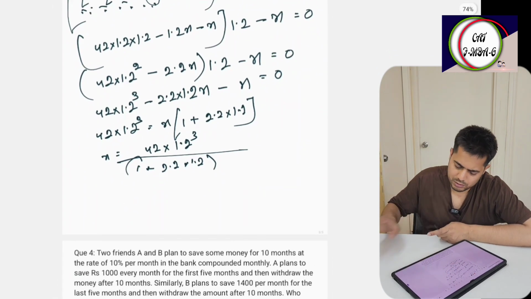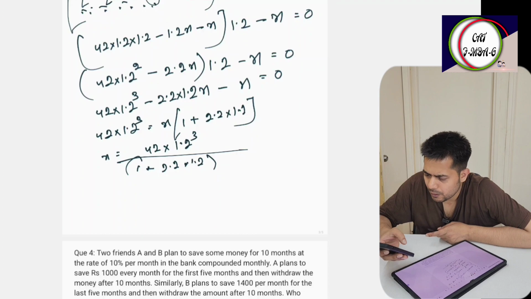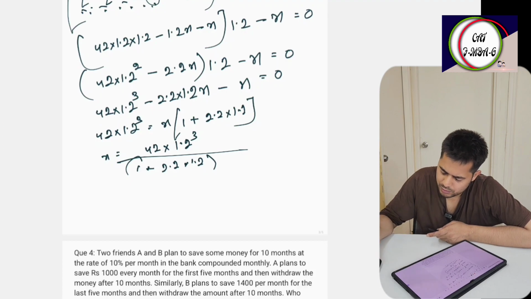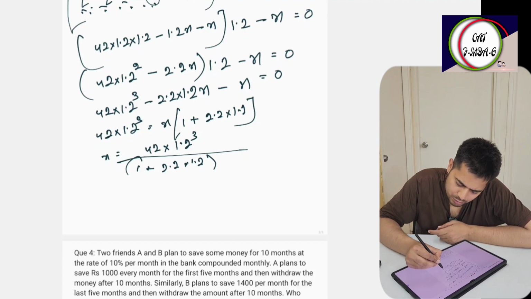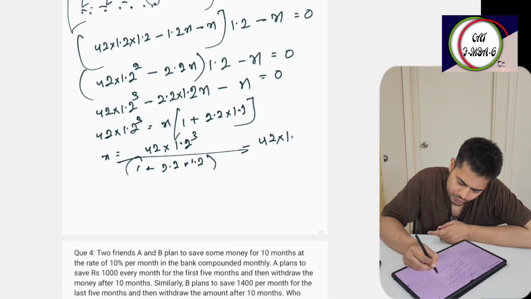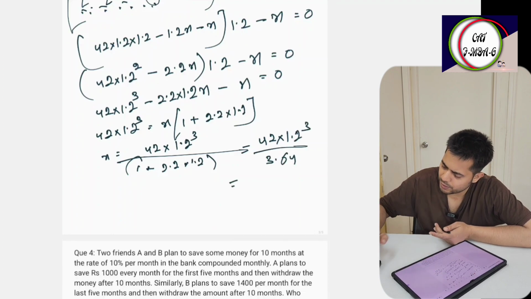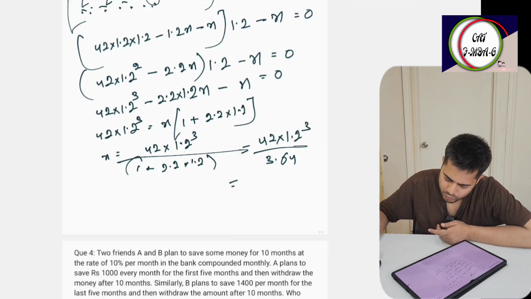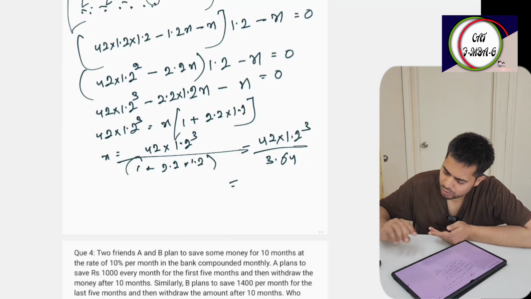Now let us solve this. You can use the calculator. First let us solve the denominator. So 2.2 into 1.2 plus 1, this is 3.64. So 42 into 1.2 cube divided by 3.64. It can be written as 42 into 1.2 into 1.2 into 1.2 divided by 3.64.